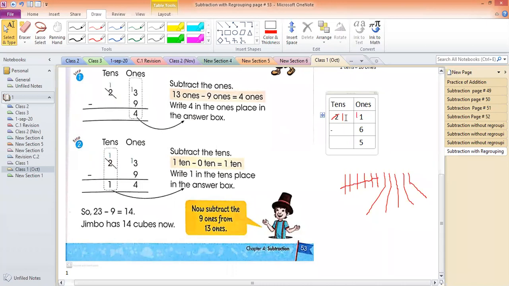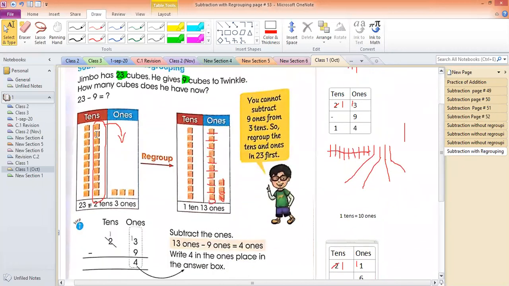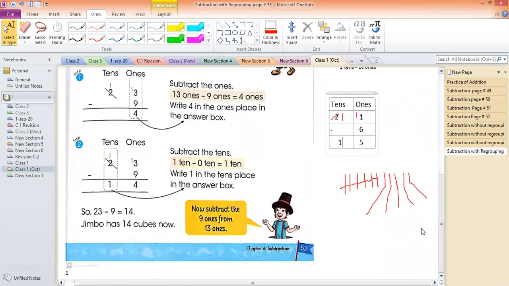So it becomes now 1. 1 minus 0 equals 1. Look here, like we saw in the example. There were 2 tens. When it gives 1 ten to the ones, here is only 1. So you have to minus 0 from 1. This is 1 ten and this is 0 tens. So 1 minus 0 is 1. Okay.